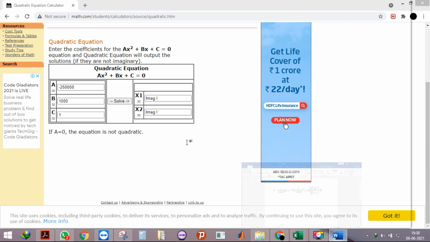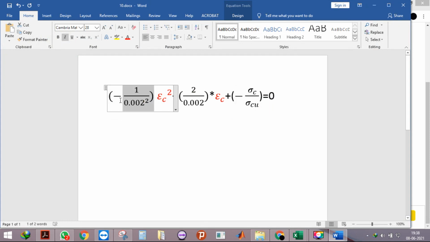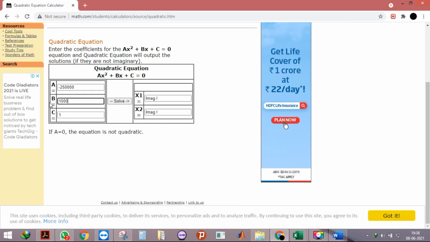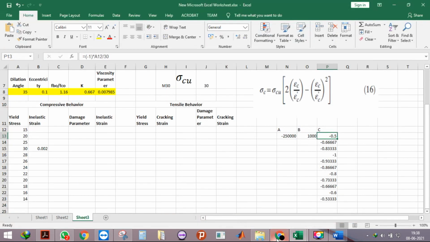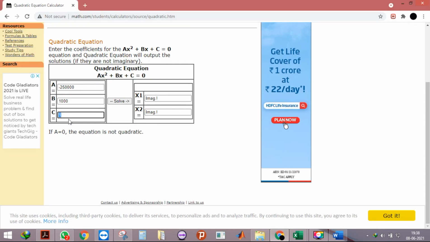Then enter the value of B, 1,000, and C you have to enter one by one. This is A, this is B, and this value is C. So C you can enter one by one from Excel. Now when you solve this, you'll get two roots.